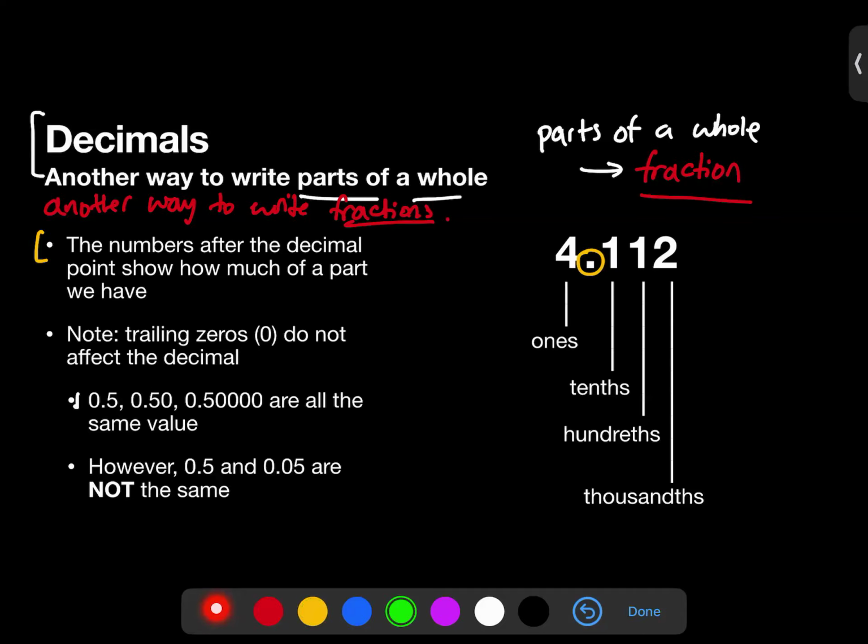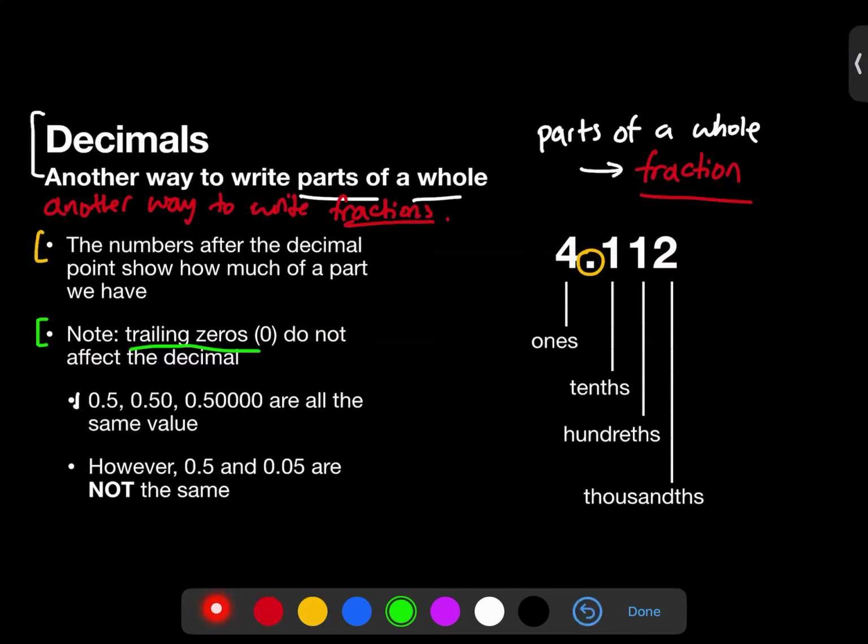So here it's important to understand that trailing zeros, for example the zeros that come after all the numbers here, do not affect the value of the decimal, right? So no matter how many zeros you have, the decimal value will stay the same.